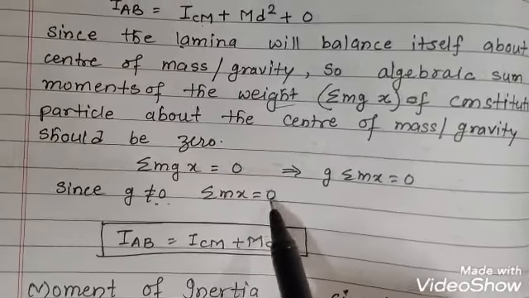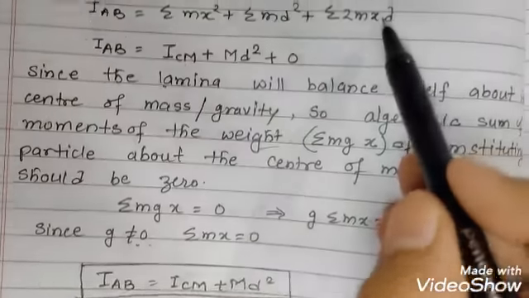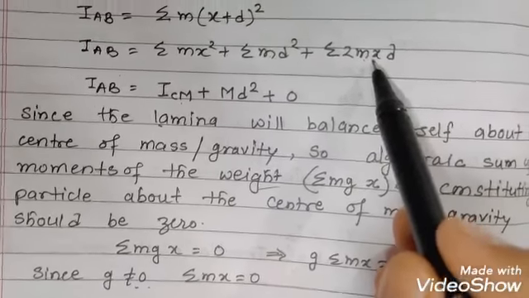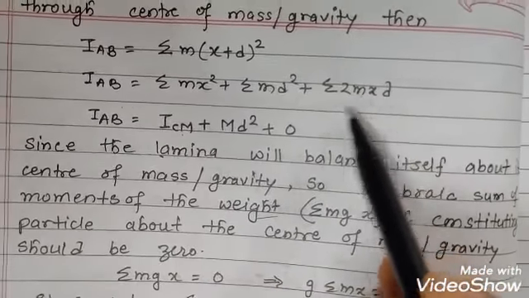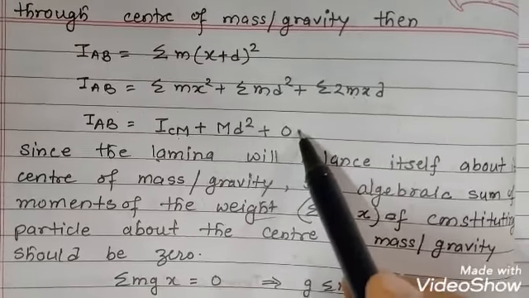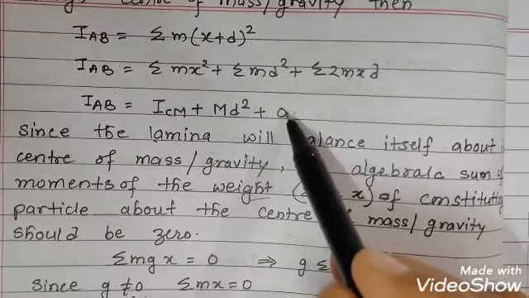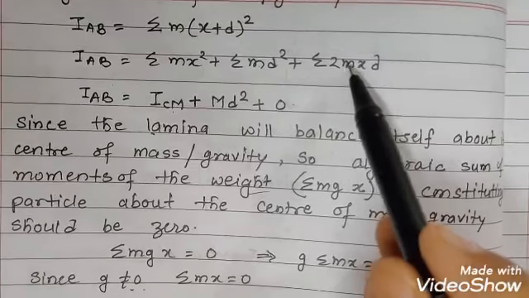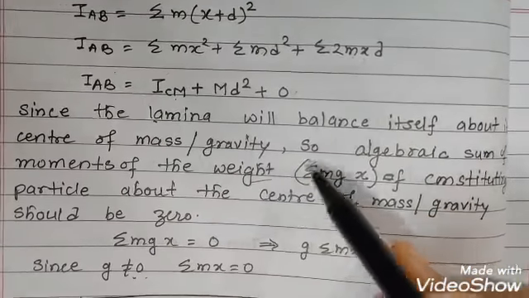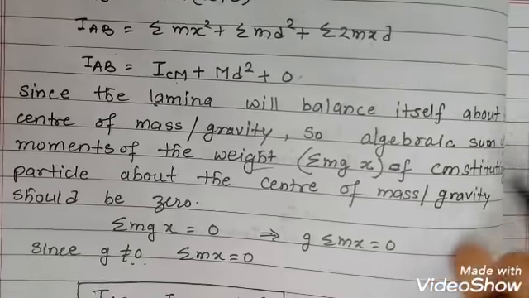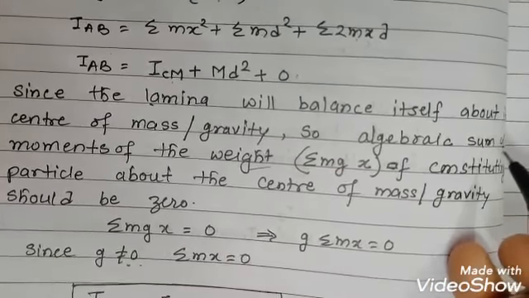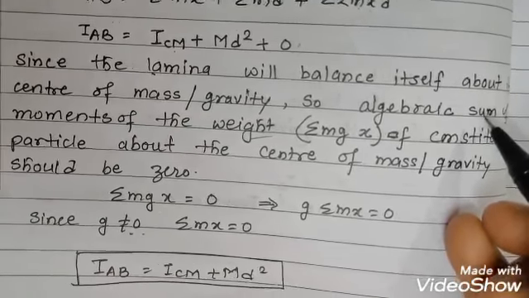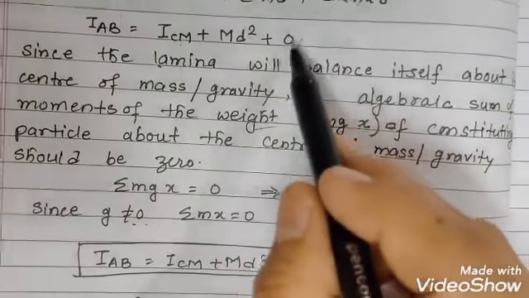Summation mx is also present in this term, so 0 multiplied with 2d gives 0. So this third term will become 0, because the weight or mass is balanced about the center of mass or center of gravity, and that's why the moment of weight must be 0. That's why this term will be 0.